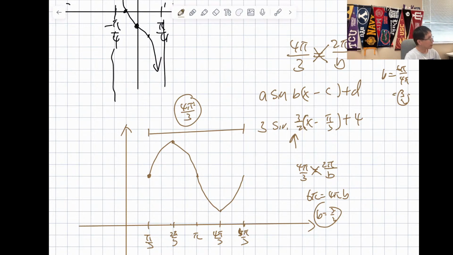So pi equals 2 pi over b, and b is equal to 2 in that particular case. Okay, and in the second case, b is equal to 2.